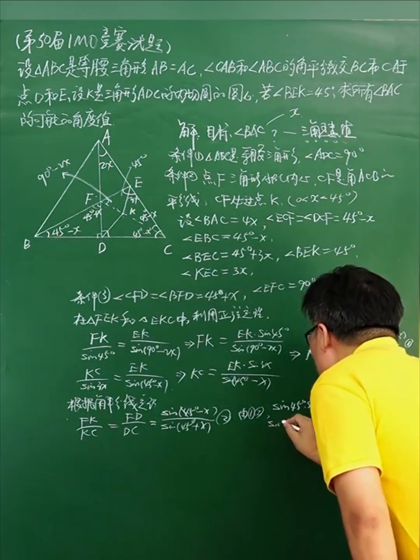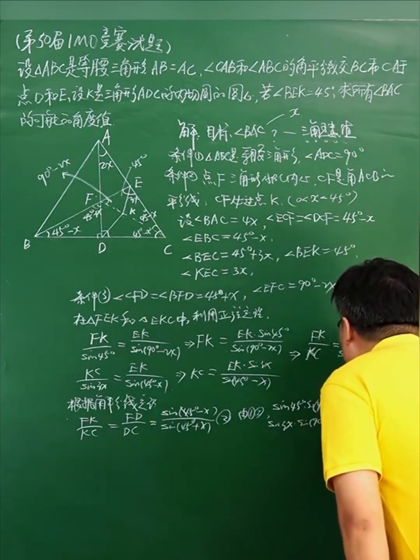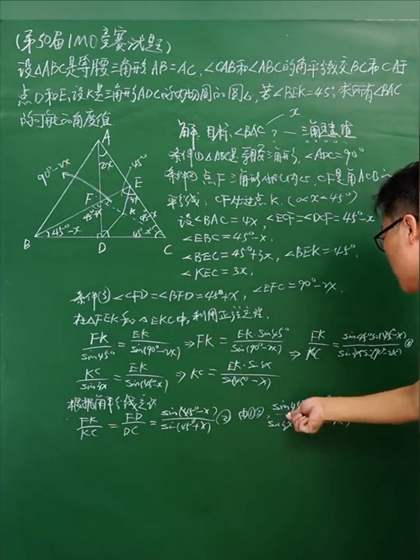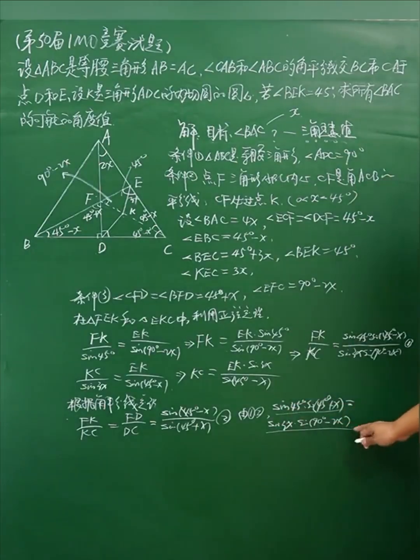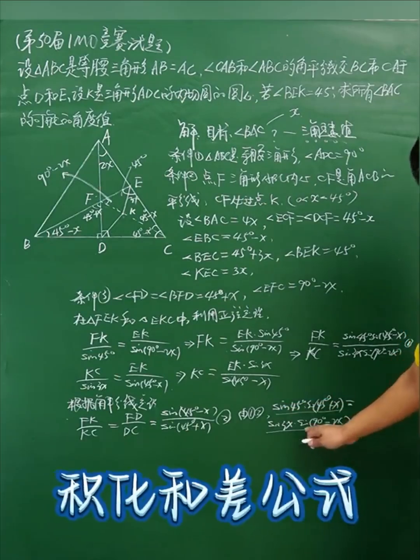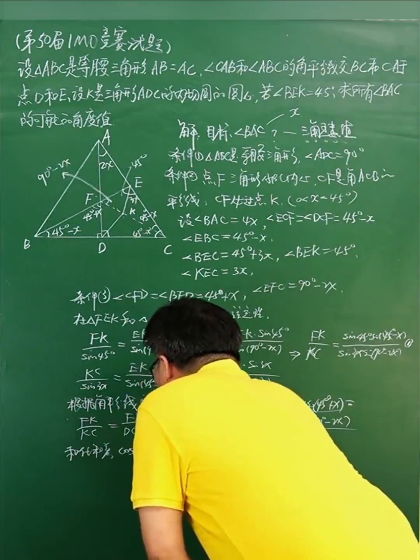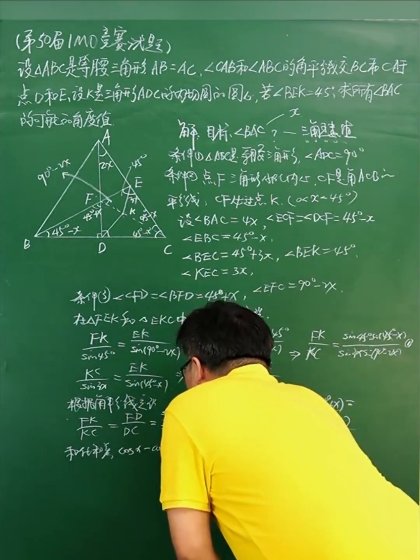So from equations 1 and 2, with these two equations being equal, we arrive at this equation. Sin 45 degrees multiplied by sin(45 degrees plus x) equals sin 3x multiplied by sin(90 degrees minus 2x). We've obtained this equation. Now, how do we solve for x on both sides of this equation? We simultaneously apply the trigonometric product to sum formula to both sides.